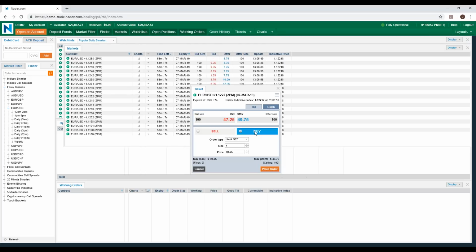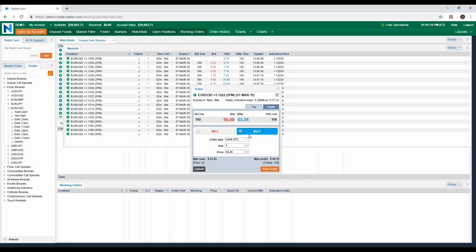If you're wrong and the market flies against you 2 points or 200 points, your risk is still capped at a certain level. And not only is it limited and capped risk, but it's known risk up front before you ever get in the trade. You know exactly what you're getting into. It's listed right here on the ticket.